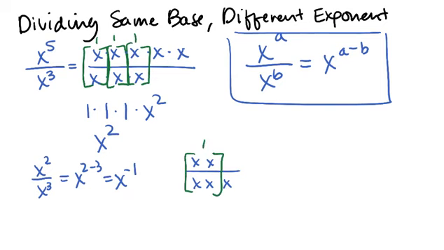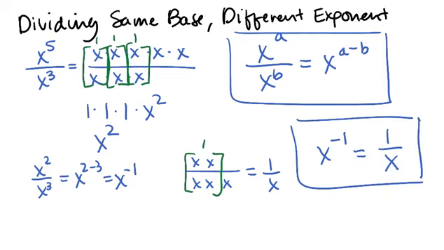That's just 1. So I'm going to have 1 over x. So another thing I have is that x to the negative 1 power equals 1 over x. That's going to be a big one today and moving forward in this class. The negative exponent essentially is going to flip a fraction.